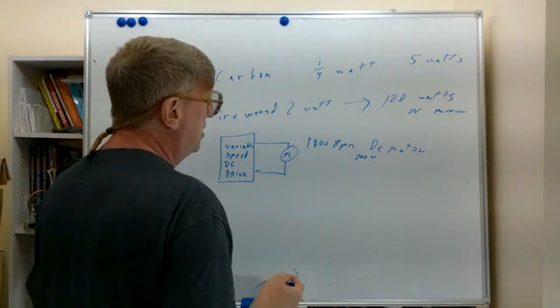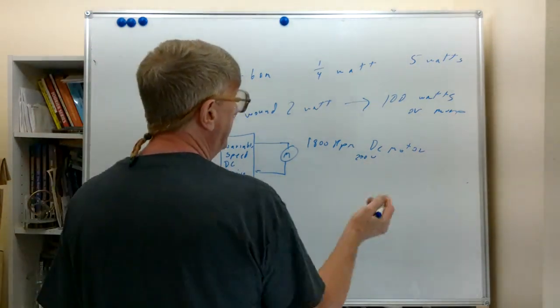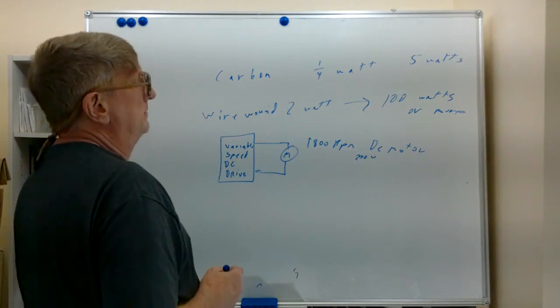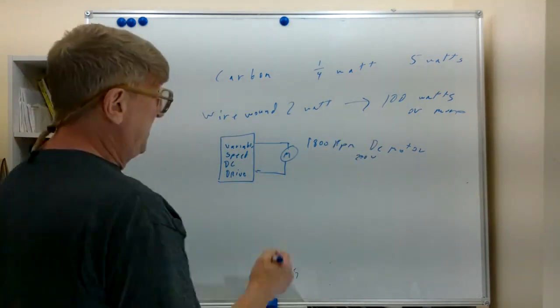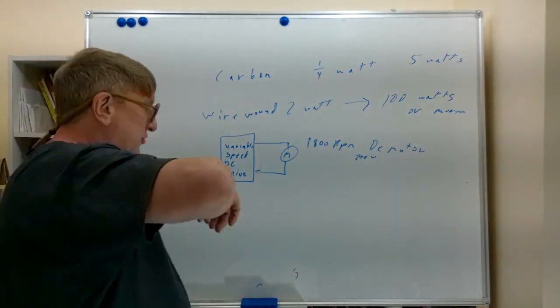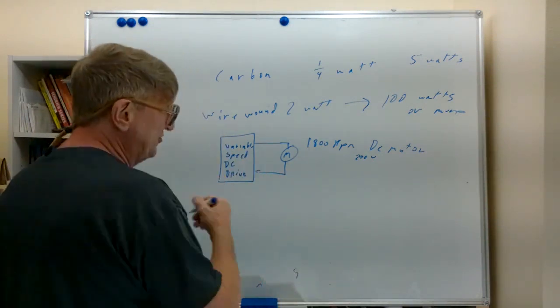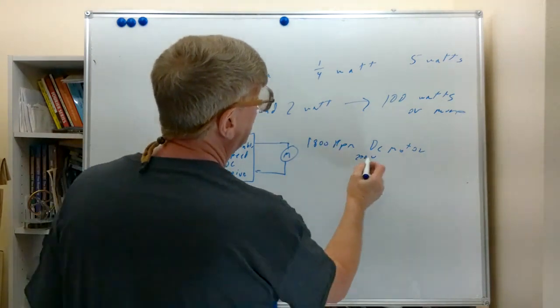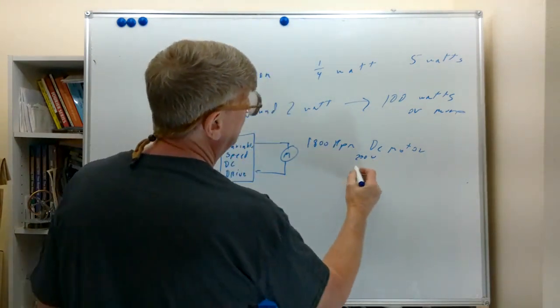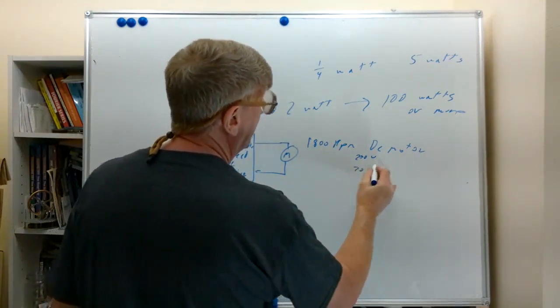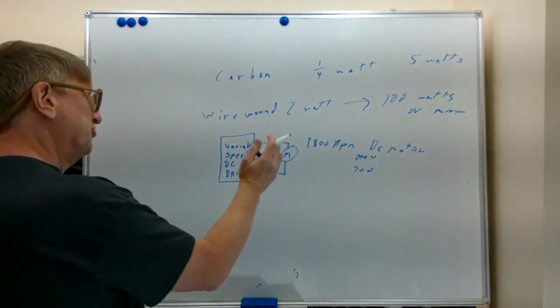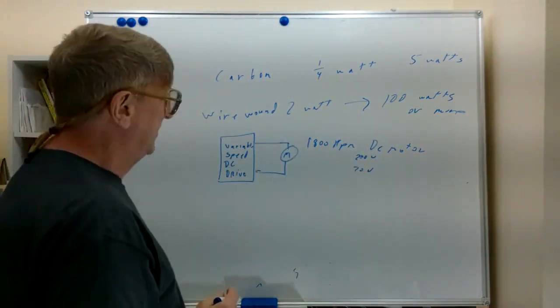If we're motoring along nice and happy at, say, 900 RPM, and we shift it down to 180 RPM, that would be down to roughly the 20 volt range. Initially, that motor is going to want to push power back into the drive.